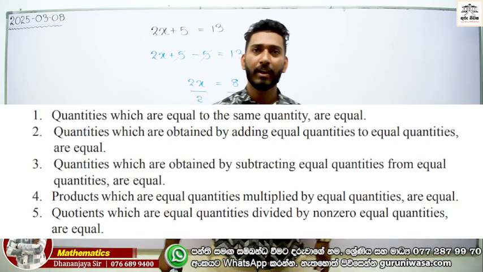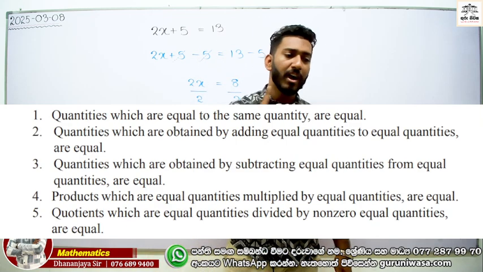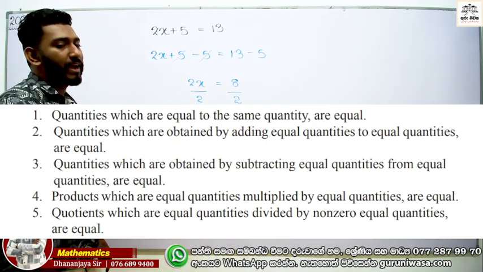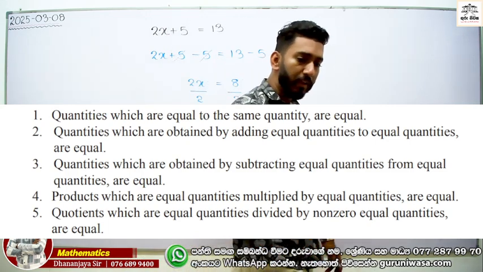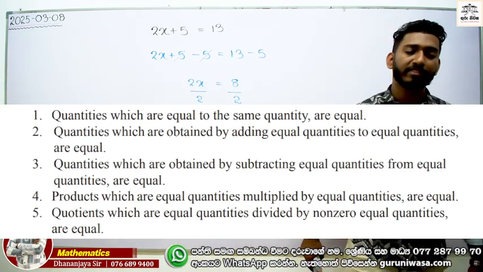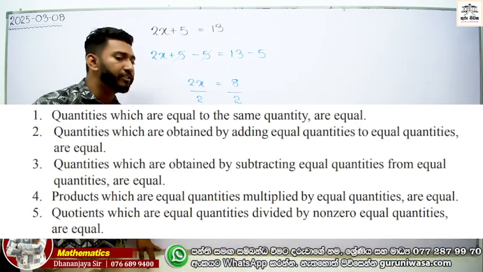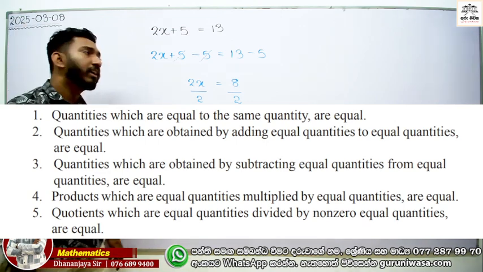Subtracting. The fourth one is about multiplication: products of equal quantities multiplied by equal quantities are equal. And axiom number 5: quotients of equal quantities divided by non-zero equal quantities are equal.